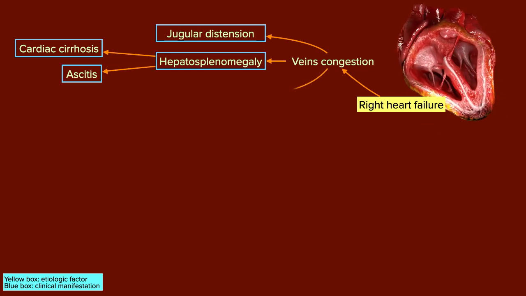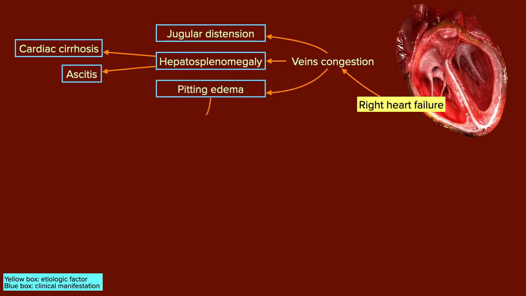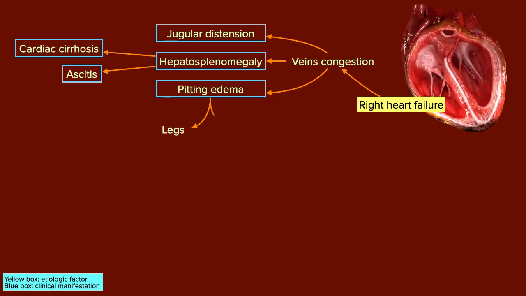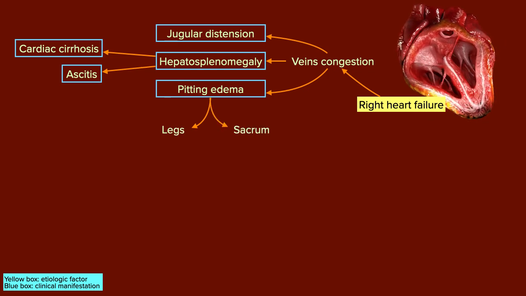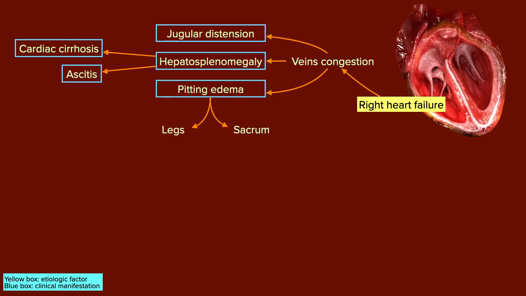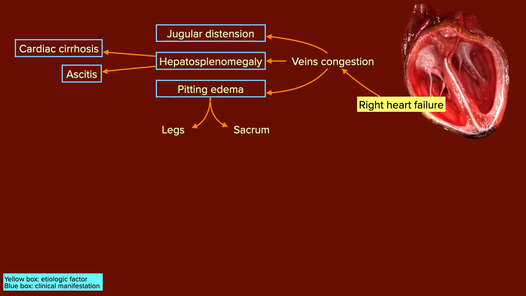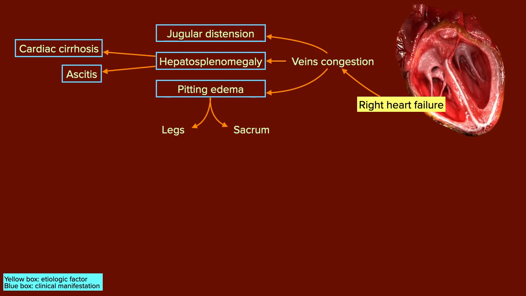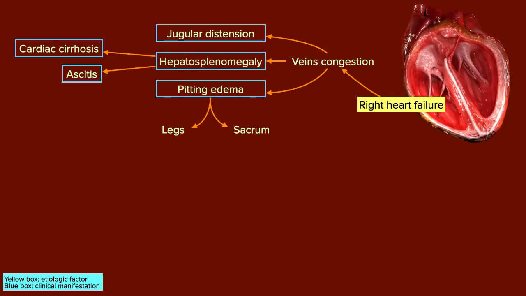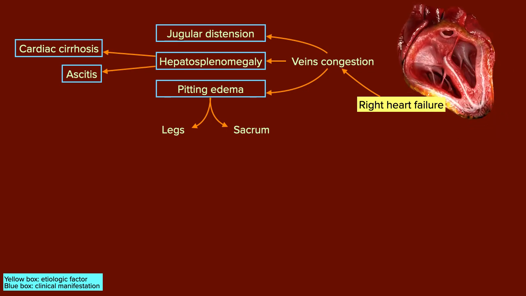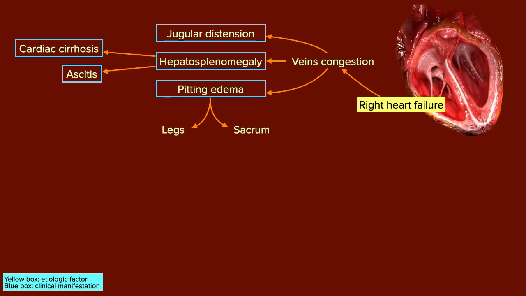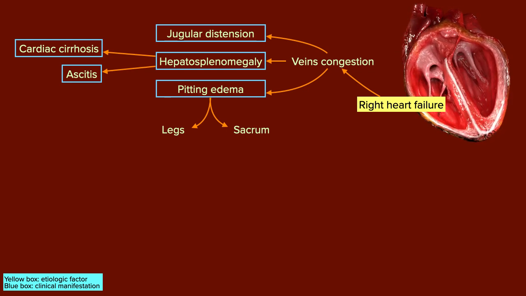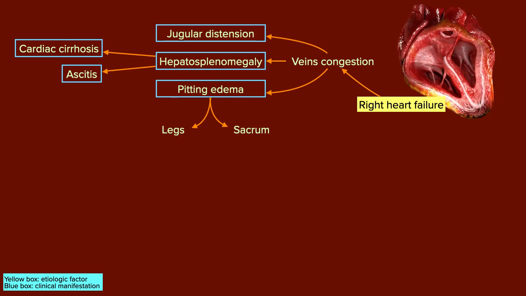And finally, fluid that backs up into the interstitial space in the soft tissues of the legs may cause pitting edema, where the tissue is visibly swollen, and when you apply pressure to it, it leaves a pit and takes a while to come back to its original place.